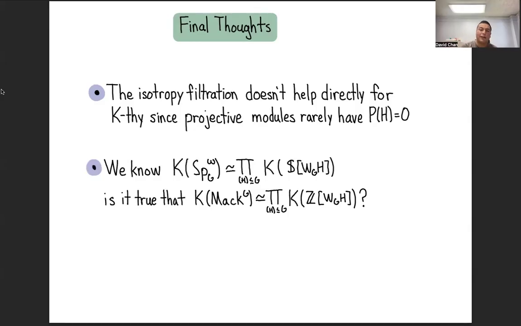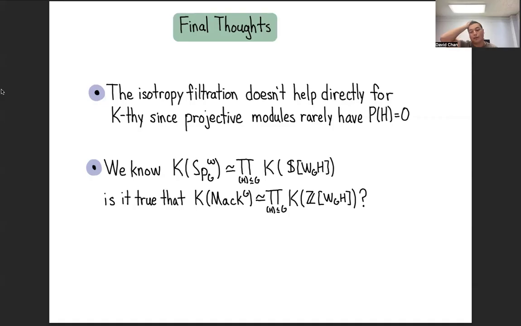The other thing I want to say is that we know the K theory of compact G spectra splits as a big product over the conjugacy classes of subgroups, so the K theory of these spectral group rings. This is a result of Rognes, I think.